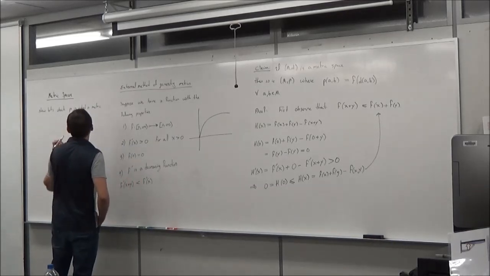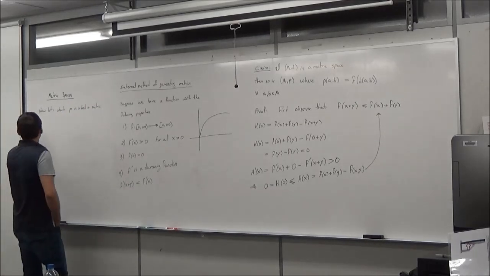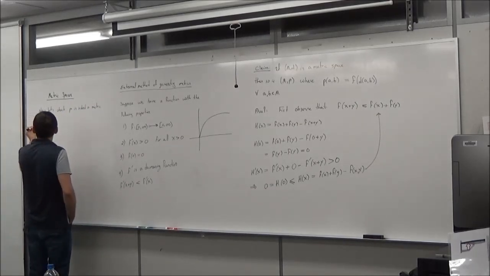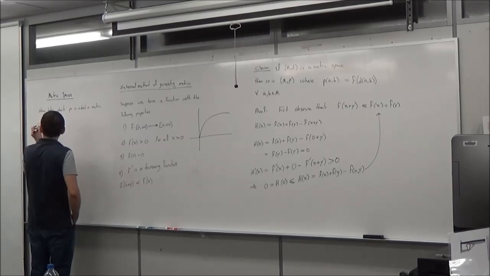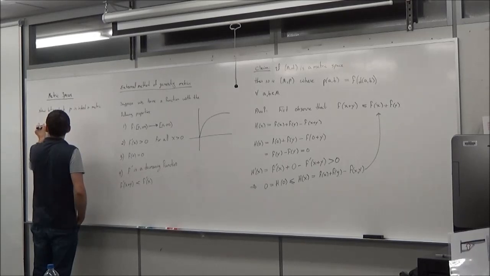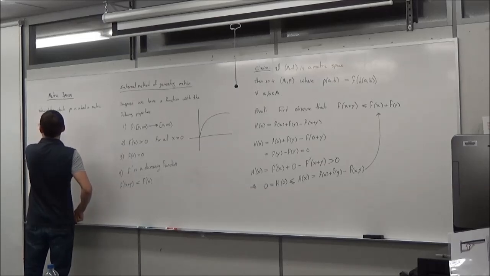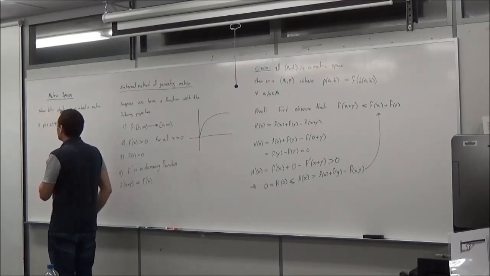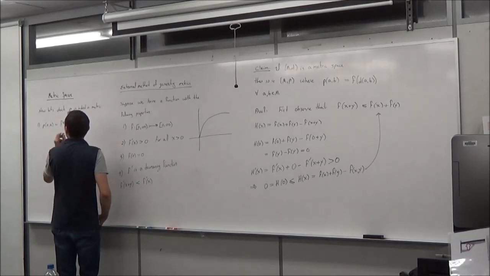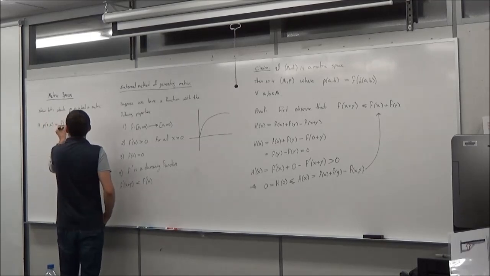So how do we do this? Well, let's calculate. First of all, I need to see what rho is. So the first part is rho of a to a. What do we get? Rho of a to a is just going to be f of the distance from a to a.